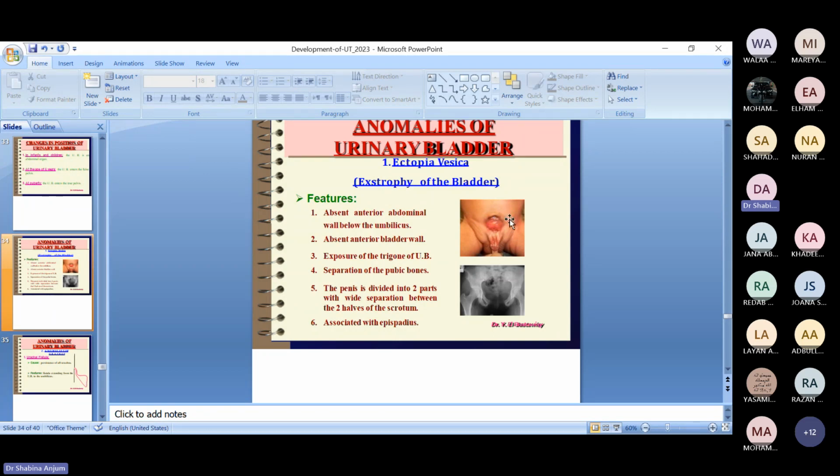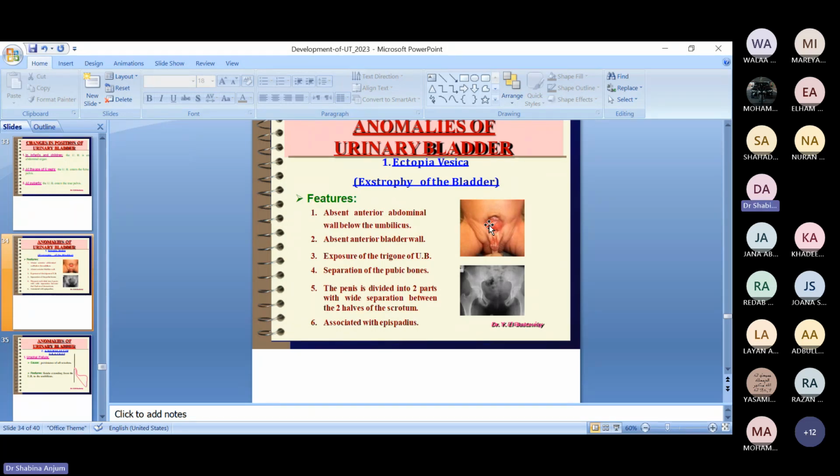There is no anterior abdominal wall. So if there is absence of the anterior abdominal wall below the umbilicus, it will lead to ectopia. Ectopia means outside. Okay, so you can see it is outside. So there will be no anterior abdominal wall below the umbilicus.